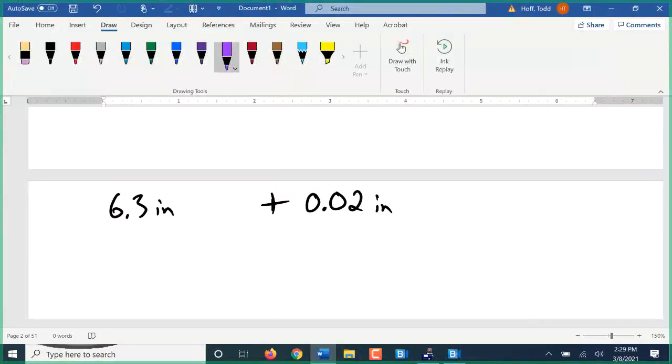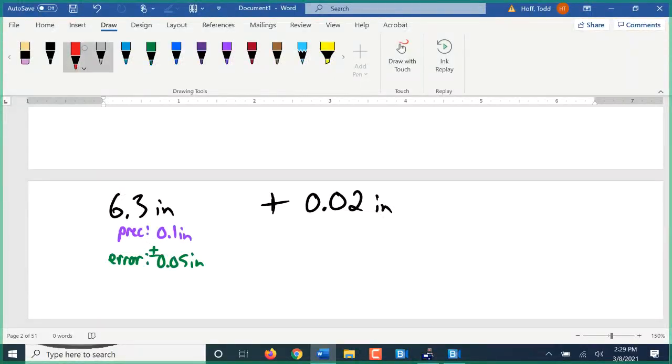Mathematically, sure. 6.3 plus 0.02 is 6.32. However, the error in this measurement, precision is to the 10th of an inch. Error is half of that precision, or plus or minus 0.05 inches.